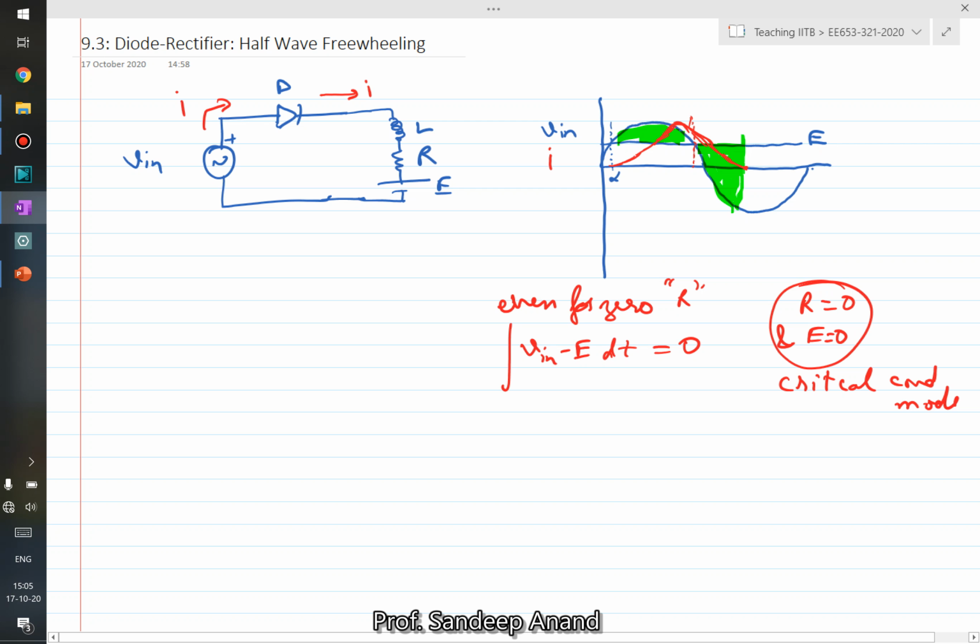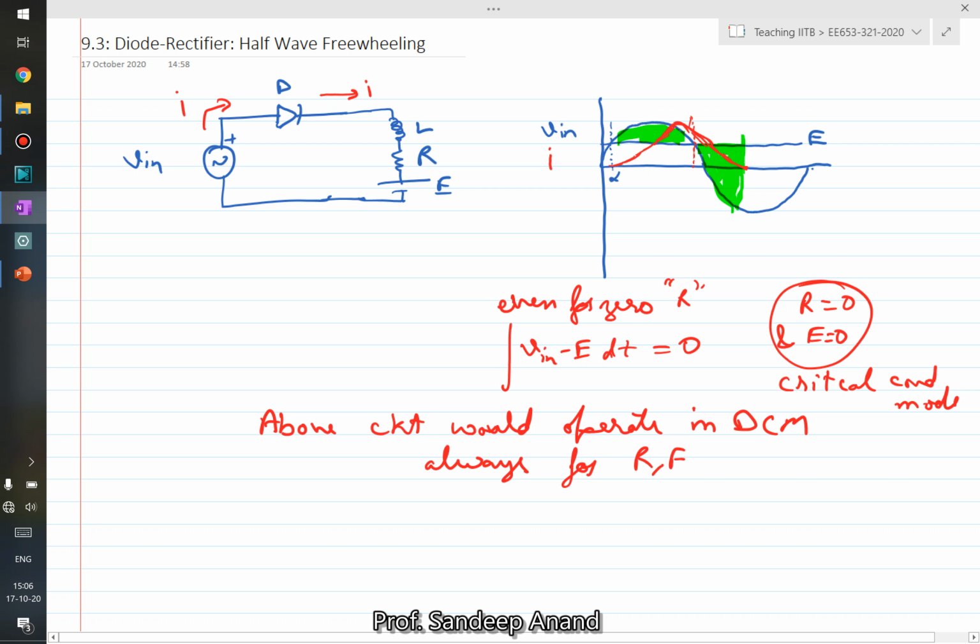So whenever V in into I, let me just write down here that the above circuit would operate in discontinuous conduction mode always for non-zero value of R and E, irrespective of the value of L that you choose. So this was one point.